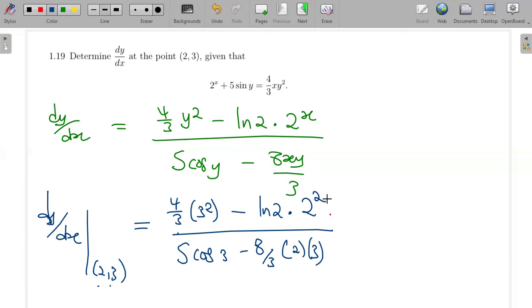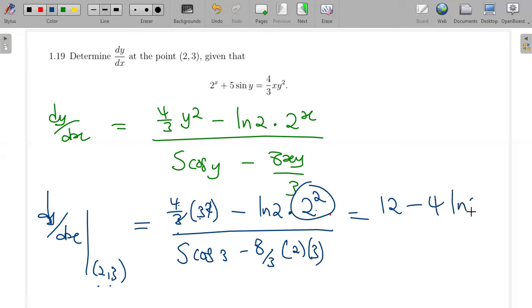So we just have to simplify this now. Here I have 3 down and 3 squared, so I can cancel one of these 3s, and I just remain with 4 multiplied by 3. So I get 12 minus, and this one here becomes 4, so I can put it in front.